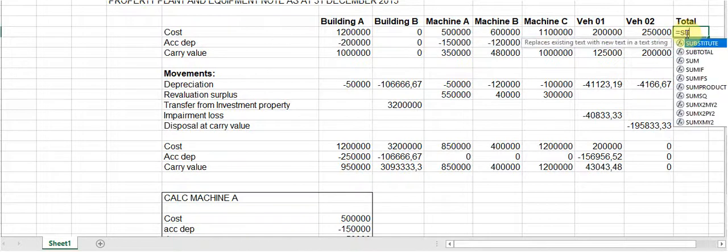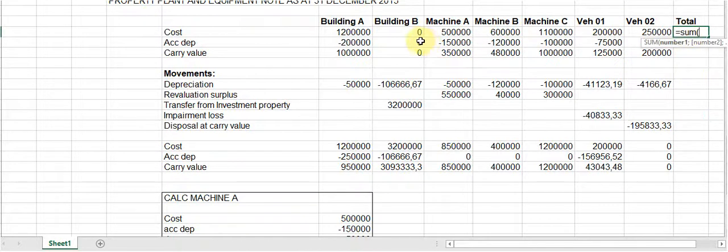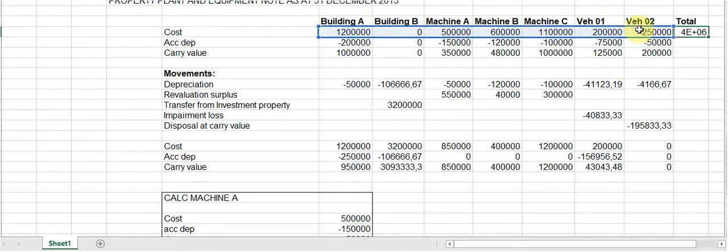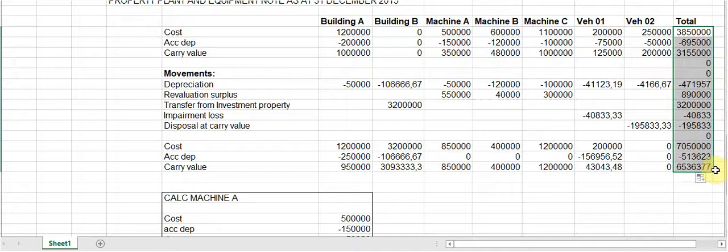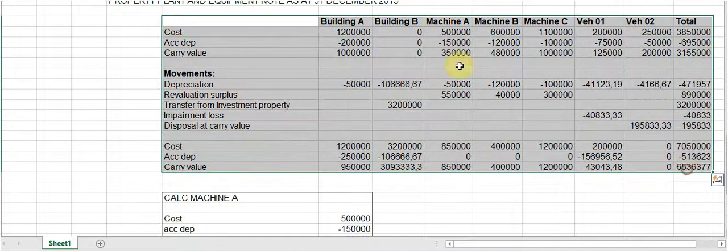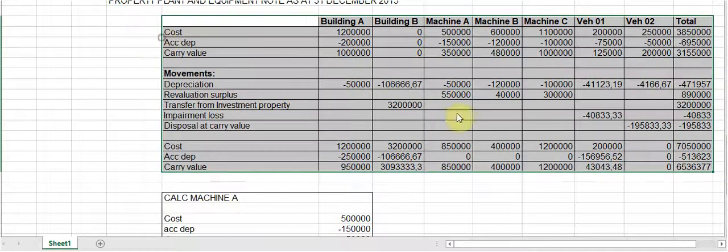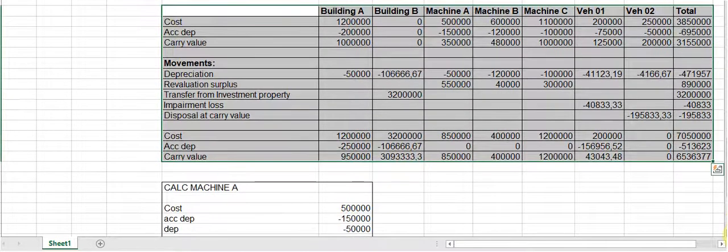Right, so now we just need to get to a total column, which is basically the sum of everything horizontally. And that is what your PPE note should look like in the instance of this question.